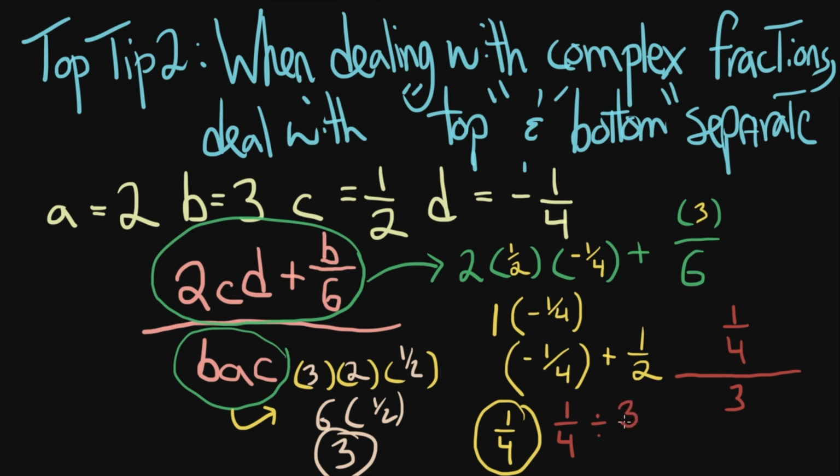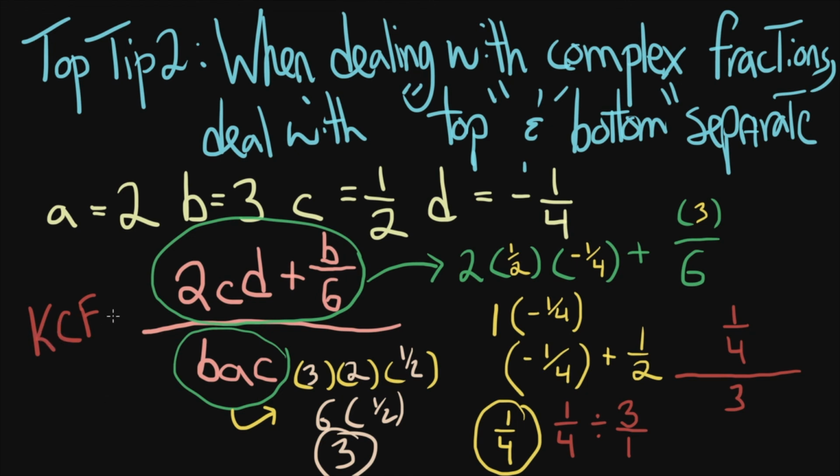Top tip number 3. If you have a whole number, put it over 1, because it'll make things look nicer. It always looks really better. Now, if you remember way back when, I had a really awesome video about how to divide fractions. You should check it out. And we did something called keep, change, and flip. Not KFC, KCF. KFC, not good for you, but it tastes really good.